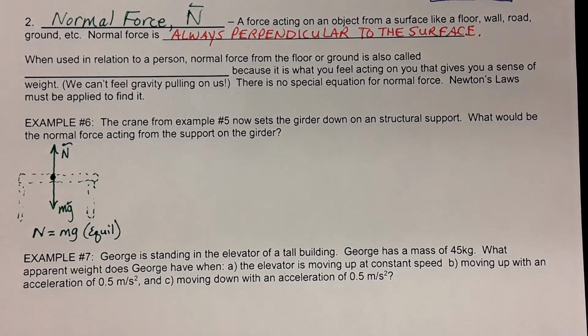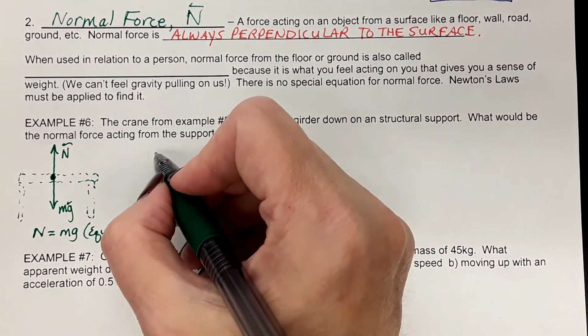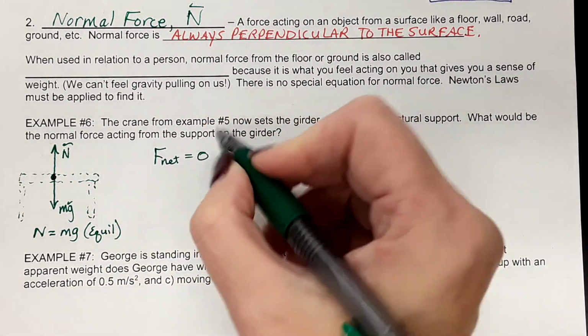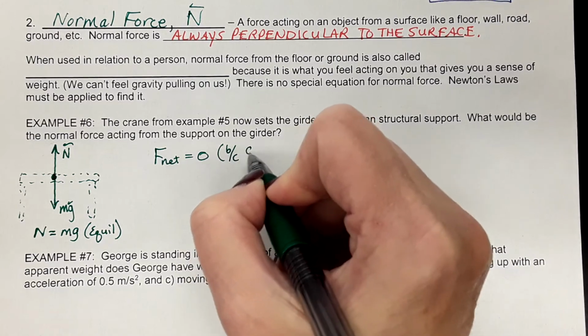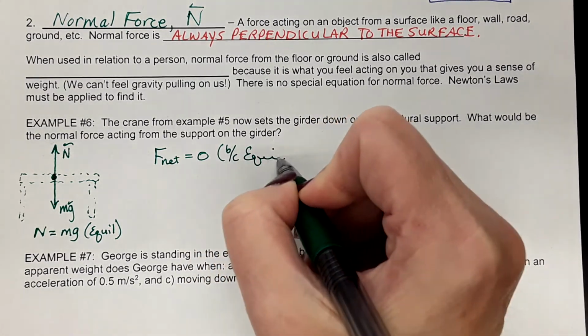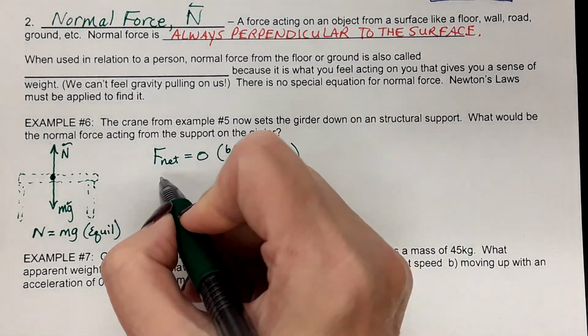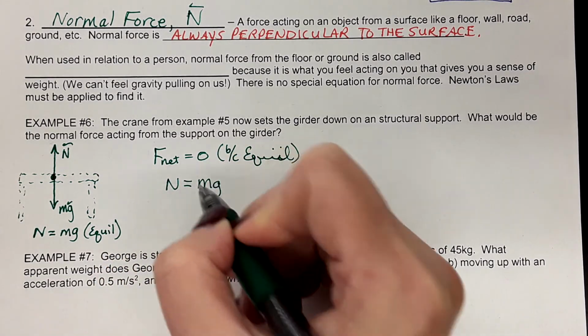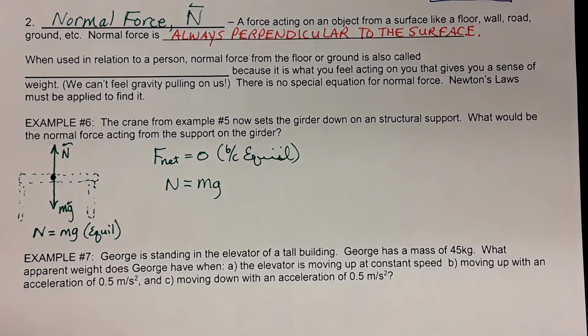All right, so how do we find the magnitude of the normal force here? Simple. We know the net force must be zero, and that's because of equilibrium. So that means the normal force magnitude must equal the gravity magnitude.